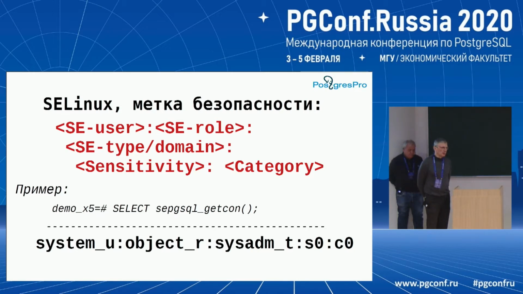Among Russian operating systems, there is one that had created its own system of mandatory access control. Its name is parsec, but we will not describe it now. Our work was based on SELinux.